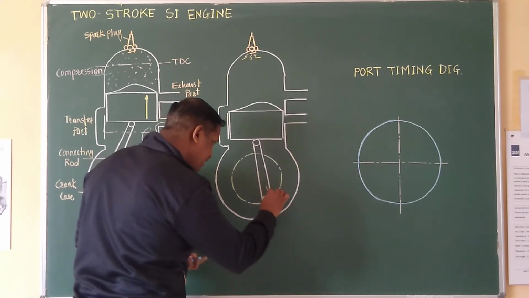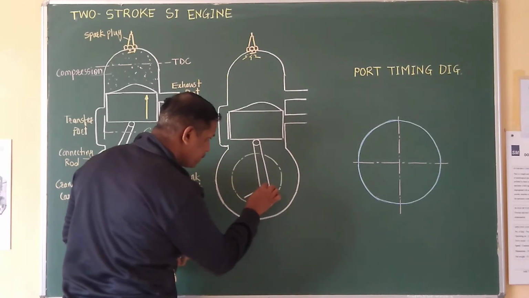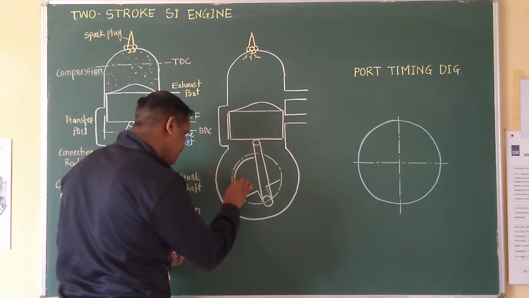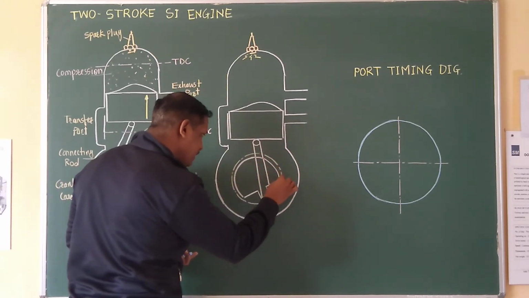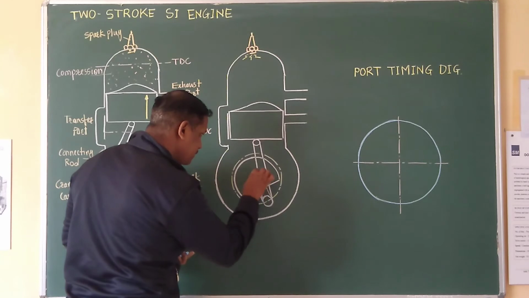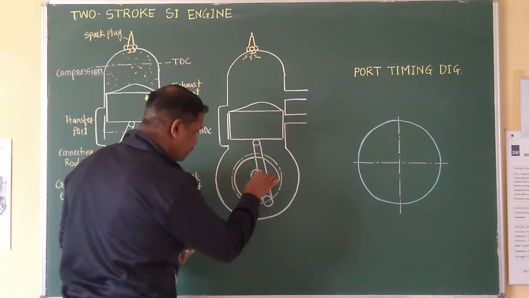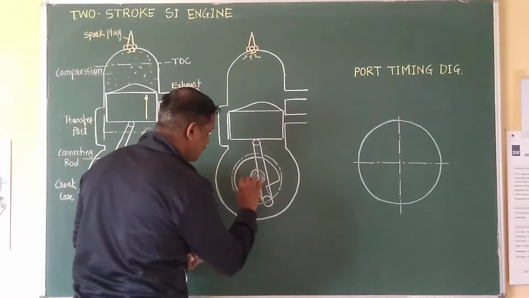Join these two circles by a tangential line, so this will be our connecting rod. Don't draw this circle here, otherwise it will be shorter. So our connecting rod should be approximately the same length, not exact.